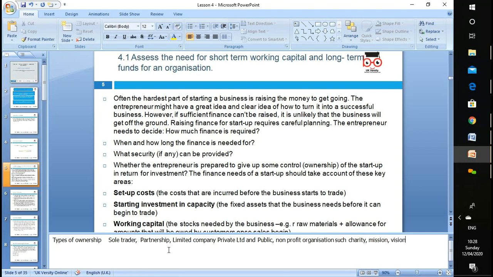And always, when you decide, look at your mission, your vision, your values and your corporate objective. You have to look at all these before deciding your sources of finance.